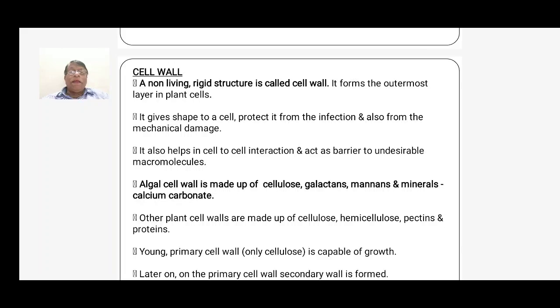Okay, so if we examine the young cells, they have only the primary cell wall.